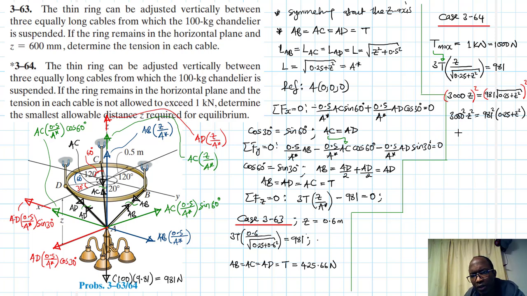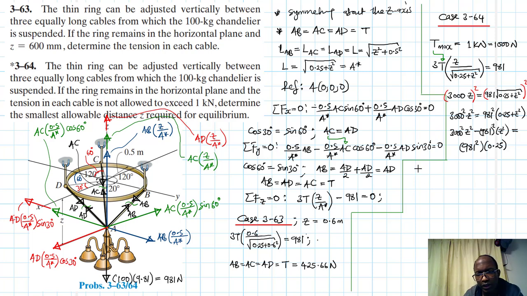Alright, so simplifying this becomes 3,000 squared Z squared minus 981 squared Z squared equal to 981 squared times 0.25.